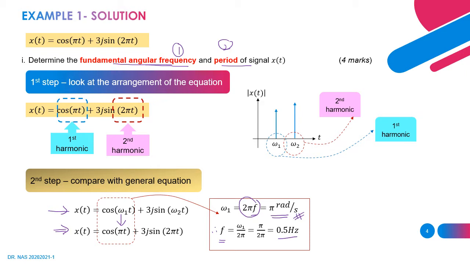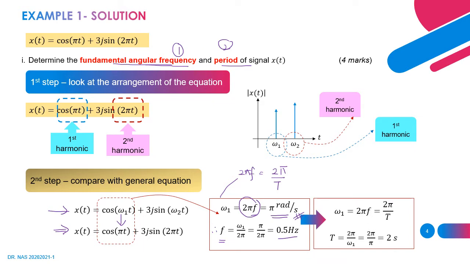Next you need to calculate the period of signal. From here, omega equal to 2 pi f, or it is also equal to 2 pi over T. So you can calculate your period. T equal to 2 pi over omega, which is 2 seconds. Don't forget to write the unit as well.